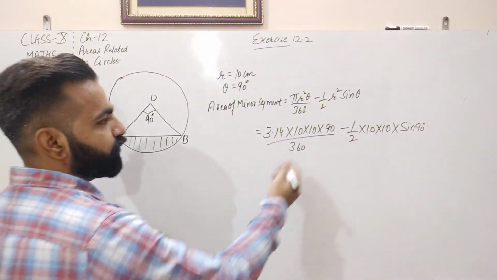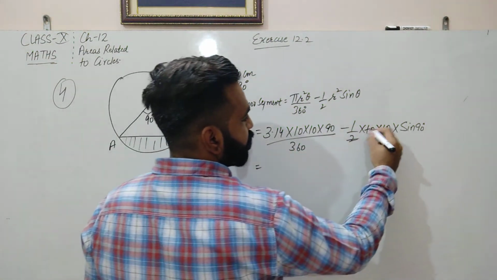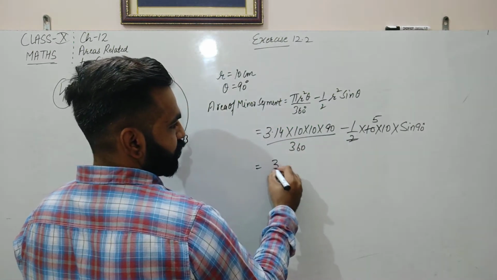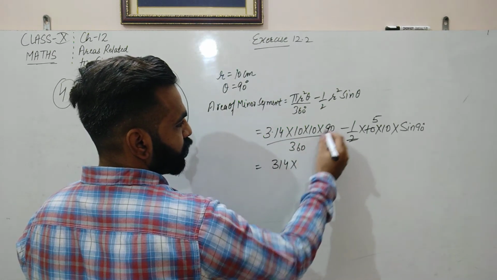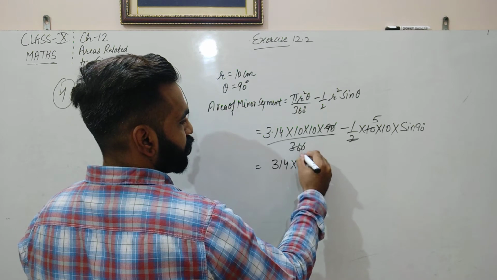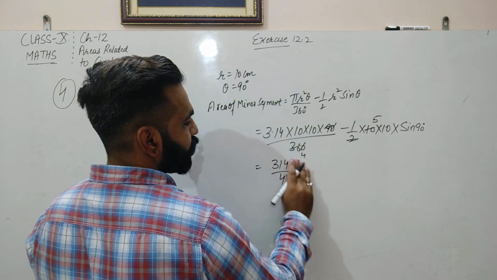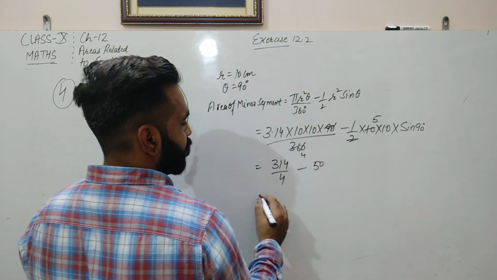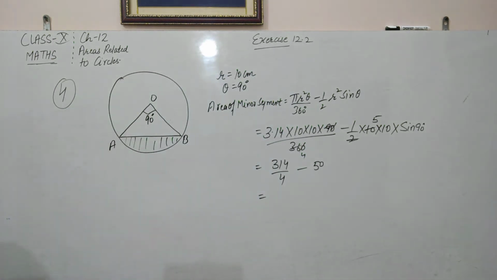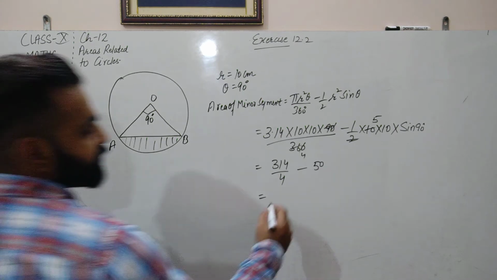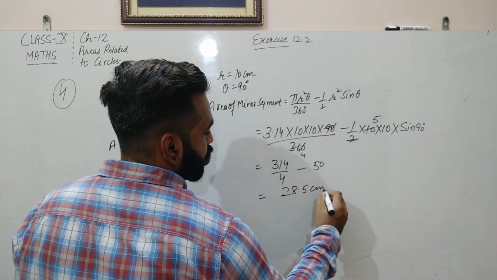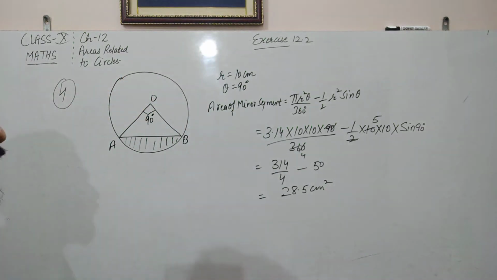So we can remove sin 90 here. So this will be 5. This will be 314 into, this 0 will cancel, 314 by 4 minus 50. So the final answer after calculation will be 28.5 centimeters square. So this is the area of the minor segment.